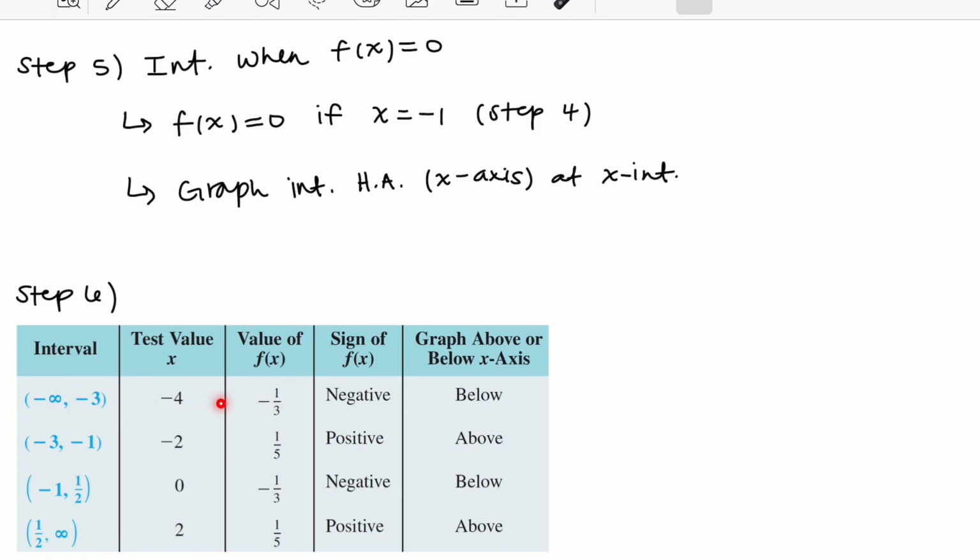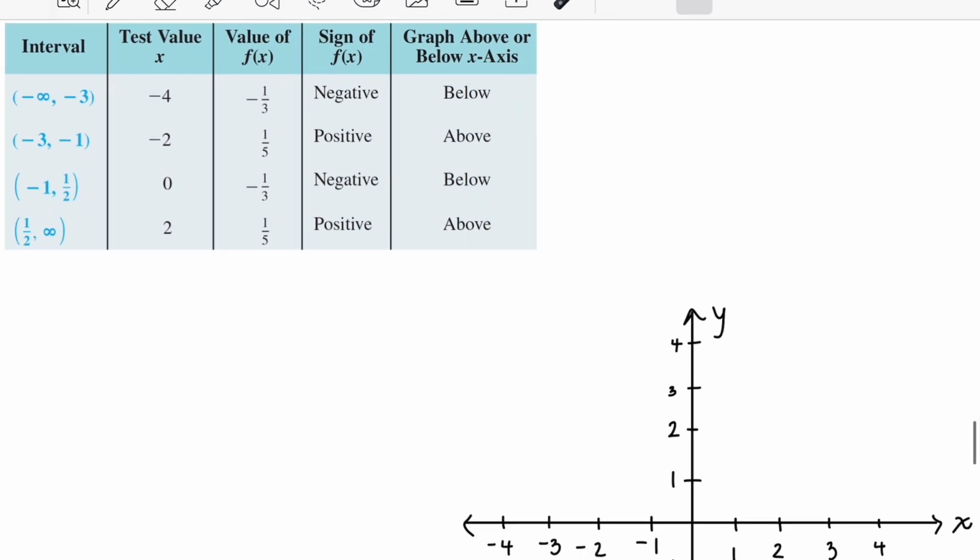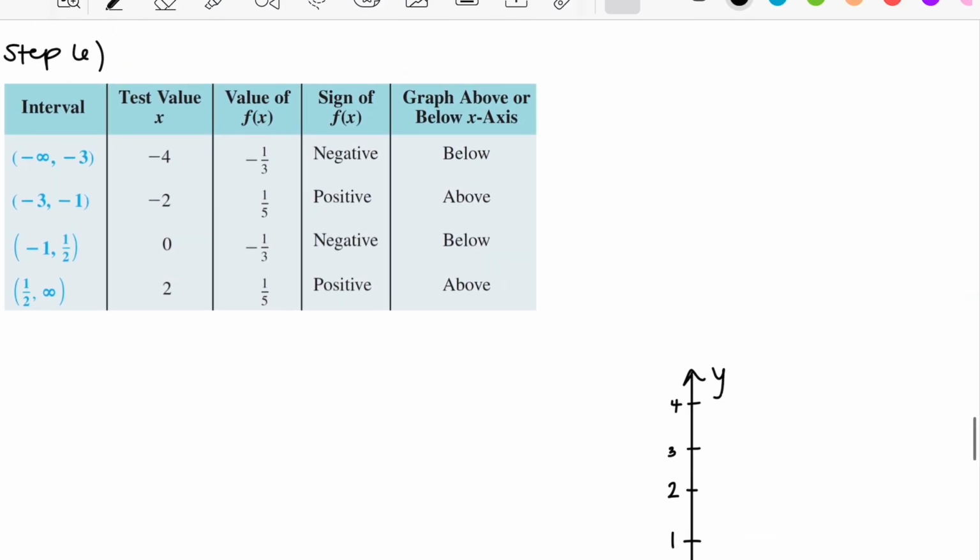So for example, in this interval here, picking -4, we found that our function was negative, so it must be below our x-axis. In this region, our function is going to be positive, so it's going to be above our x-axis. In this region, it's negative, so it'll be below our x-axis. And in this region, it's positive, so it would be above our x-axis. So this tells us the behavior of our graph in those regions.